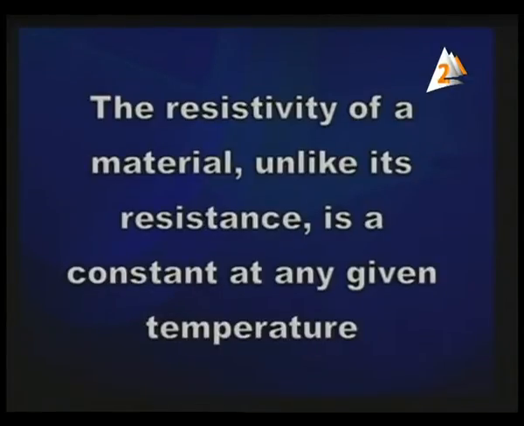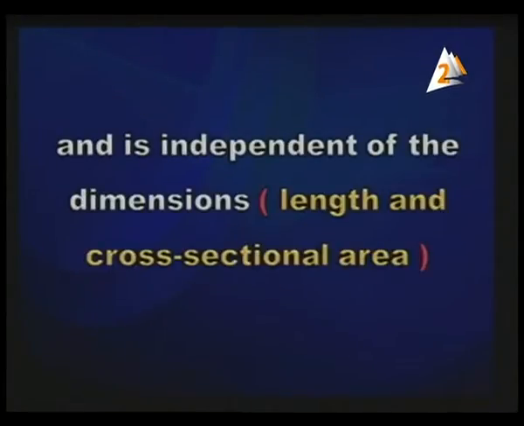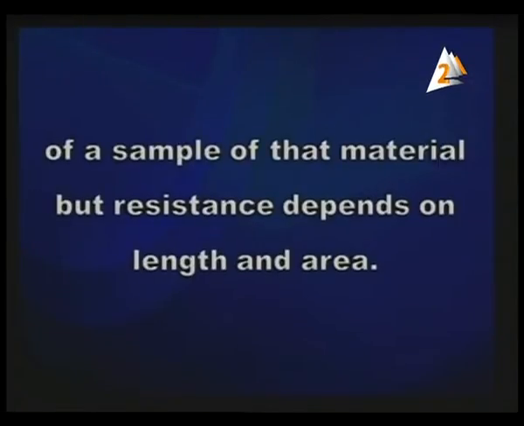If the temperature is constant, it is a constant that depends only on the material, and it is independent of the dimensions of the wire. It doesn't change when the length and cross-section of the wire are changed. And what about the resistance? Resistance depends on length and area, so we cannot regard it as a characteristic physical property.